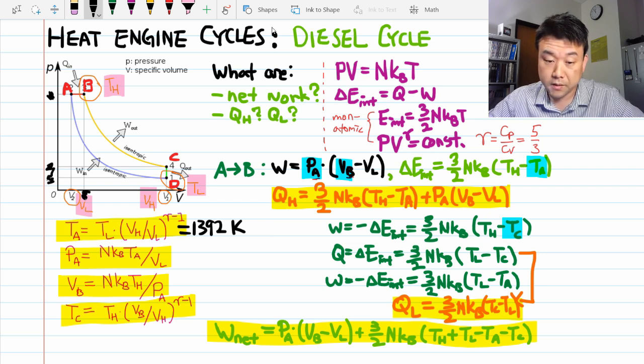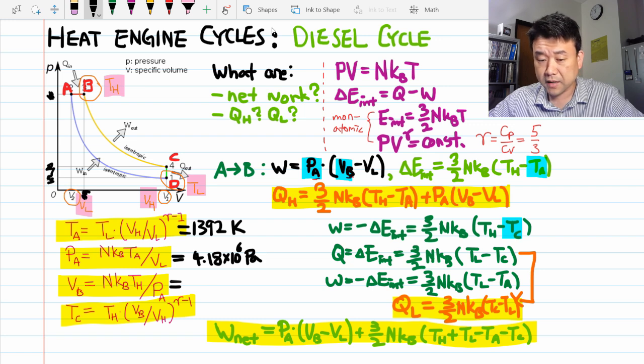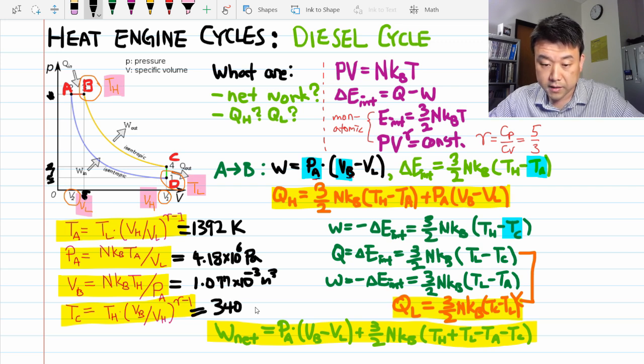And using this number, I can calculate PA, which is 4.18 times 10 to the 6 Pascal. And we can calculate VB, which is not much more than a liter, what we started out with. It's 1.077 liters, or times 10 to minus 3 cubic meter. TC, plugging in all these numbers, we get 340 Kelvin.